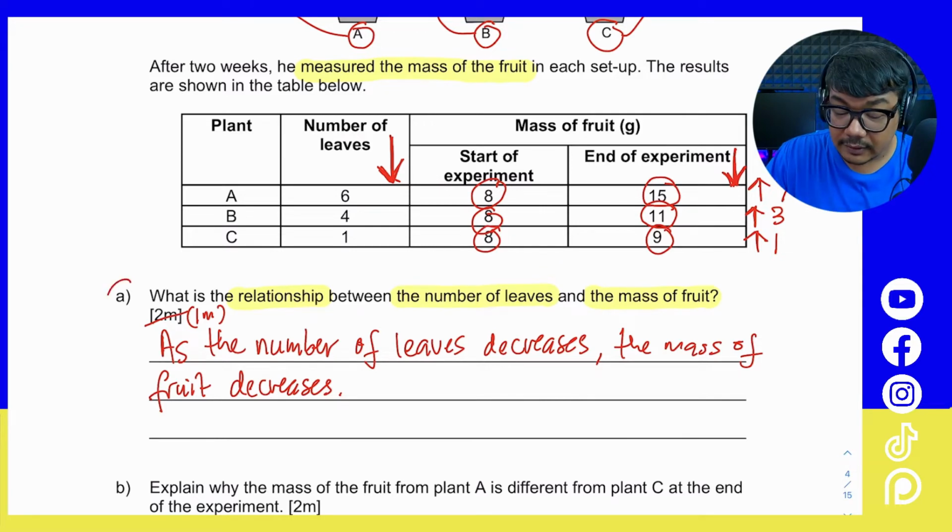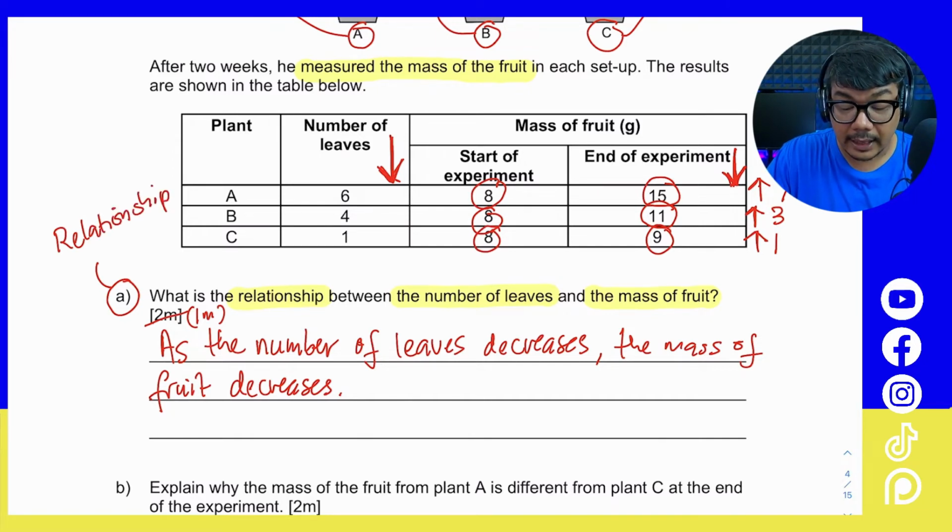Now, this question here is what I call a relationship question, and a relationship question has a template. If I take a look at my answer here, you will notice the number of leaves as well as the mass of fruit.